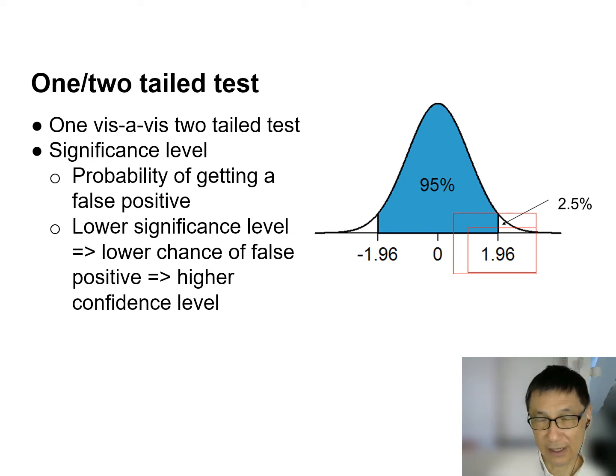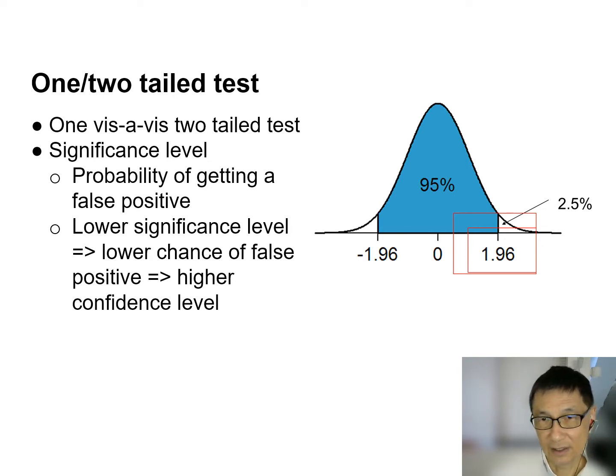Referring to this figure, which shows a two-tailed test, we reject the null hypothesis if the error terms are sufficiently large. So either here, sufficiently in the negative region, or sufficiently in the positive region, where we are assuming that the null hypothesis is that the coefficient beta 1 is 0.